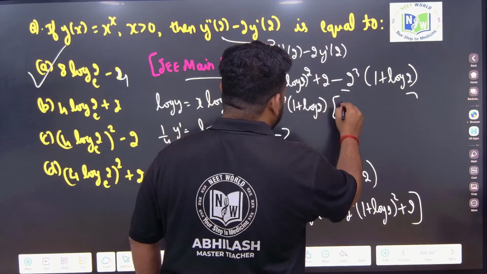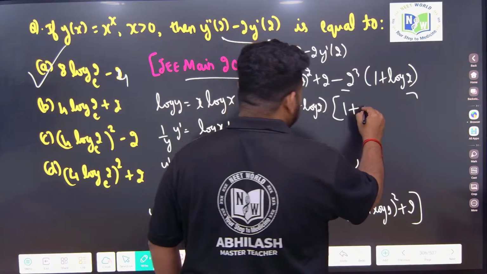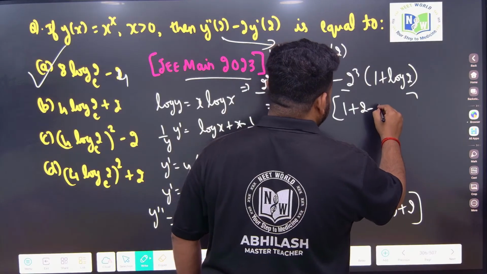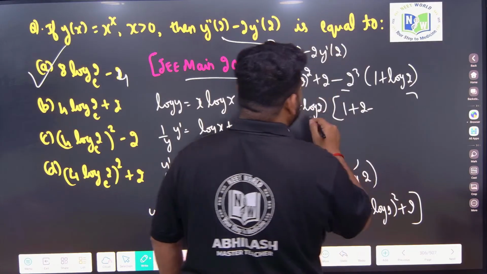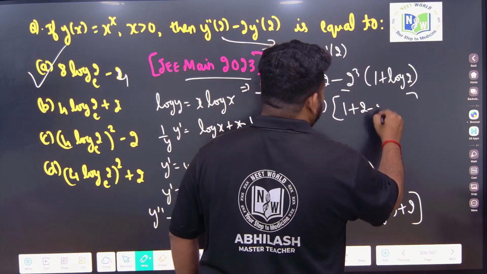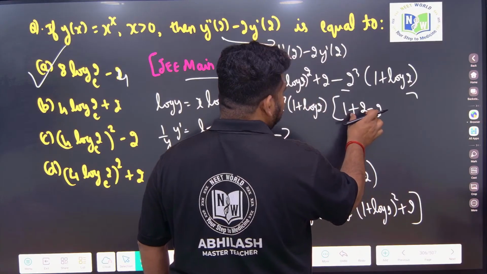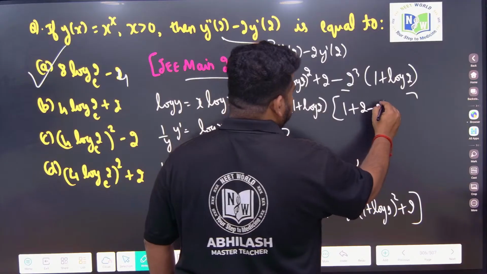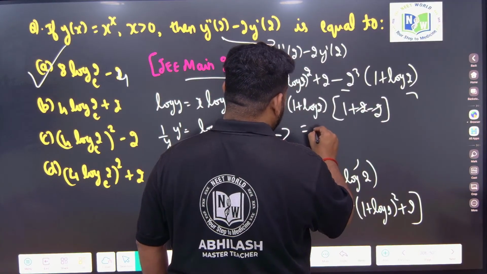And this will become what? 1 plus 2 minus, what is this we are having? Minus 1 plus 2 into 2 into, minus 2 we will be having. We are having 2 into 2 minus 2. Plus 2 minus 2 cancel. I will have 4 log 2.